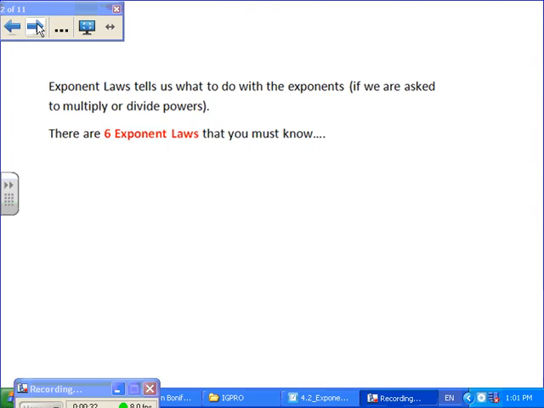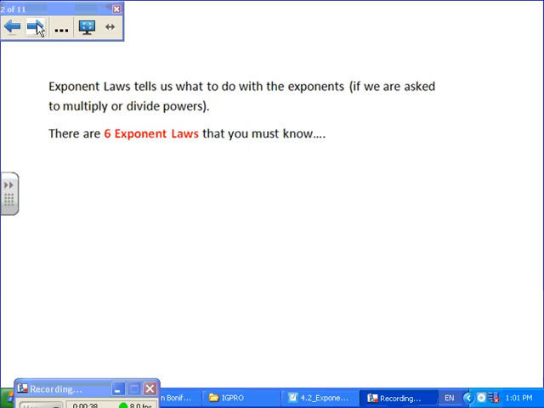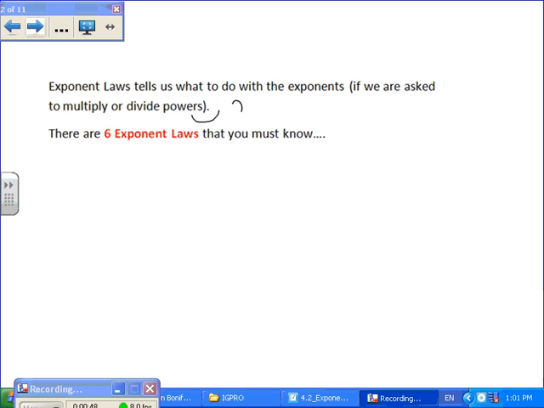Exponent laws are just shortcuts, really, that allow us to deal with exponents. If we're asked to multiply or divide powers, and remember we talked about what a power is, that's just some value. For example, 2 to the power of 4, so some base with some exponent.